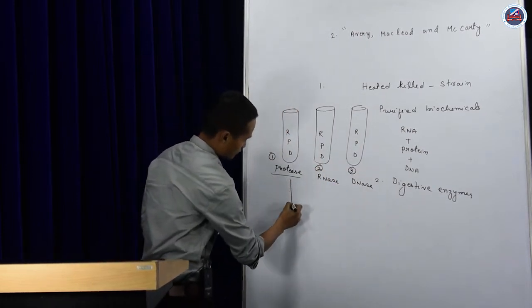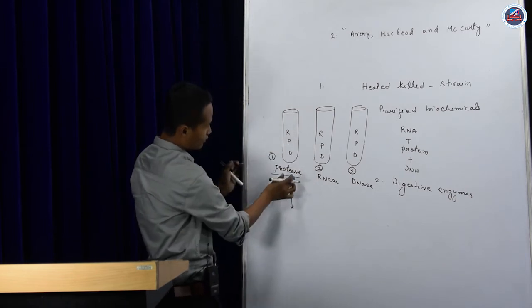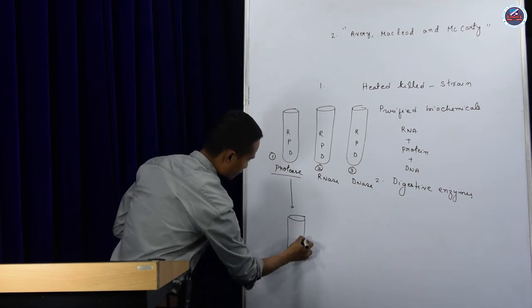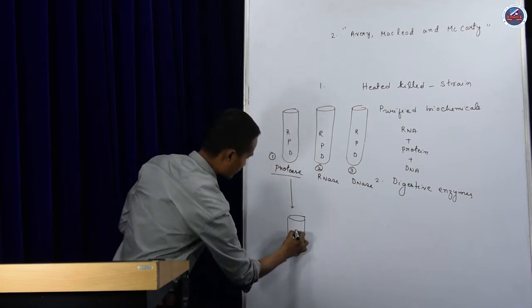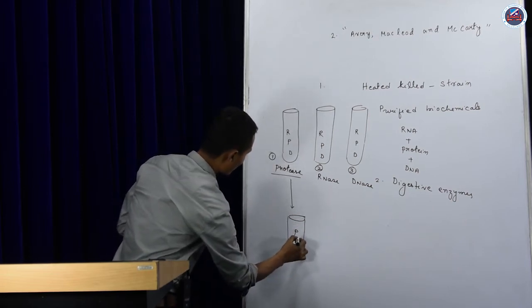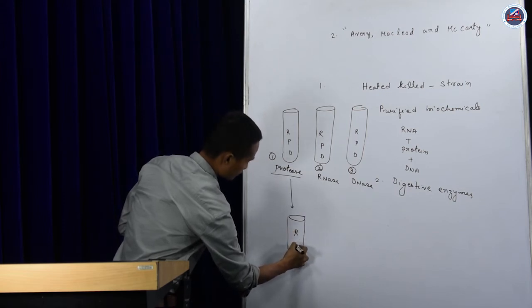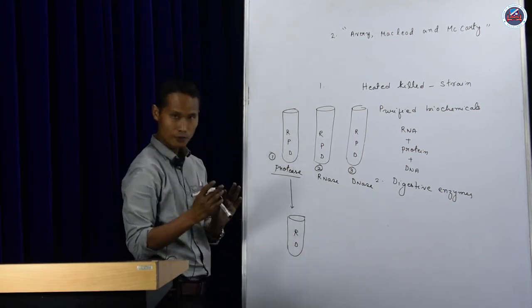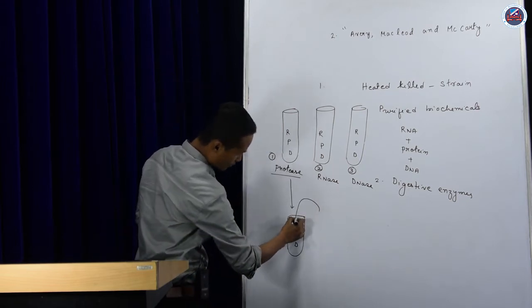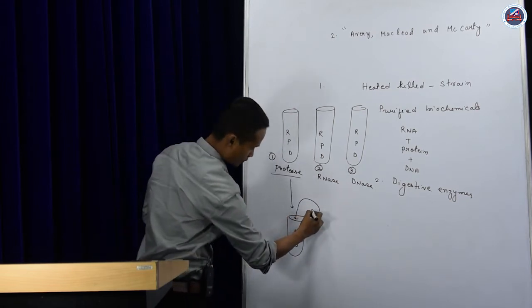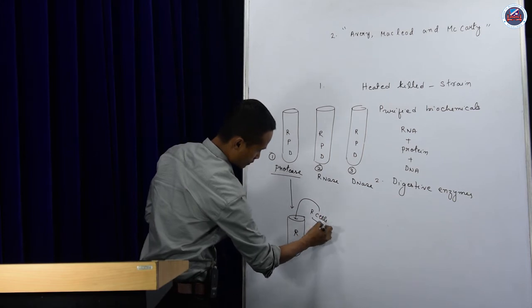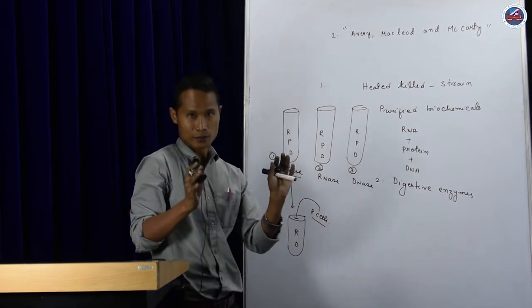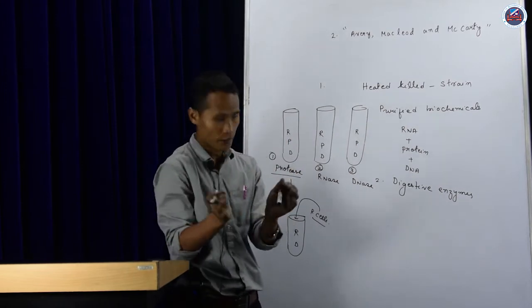It means that once you add protease in this test tube, there will be only RNA and DNA, right? So what they will do is add the R cells. R cells means the non-virulent strain.